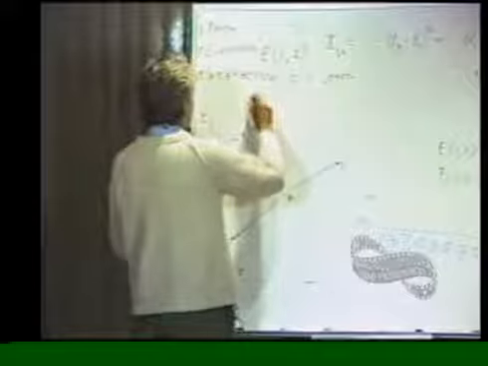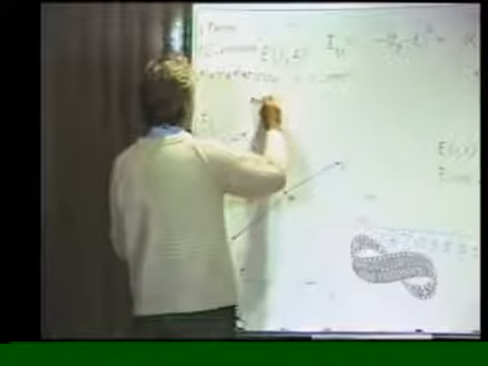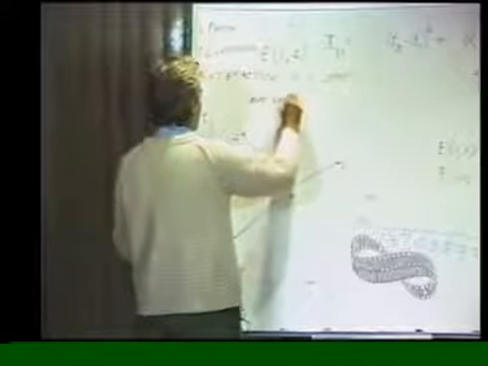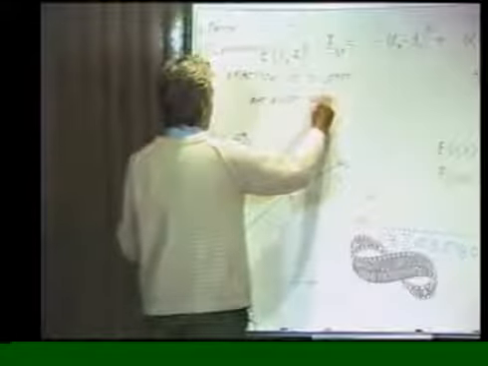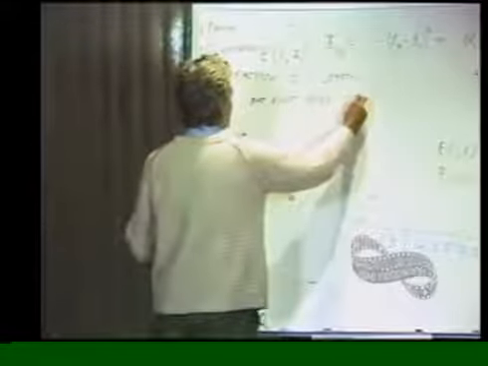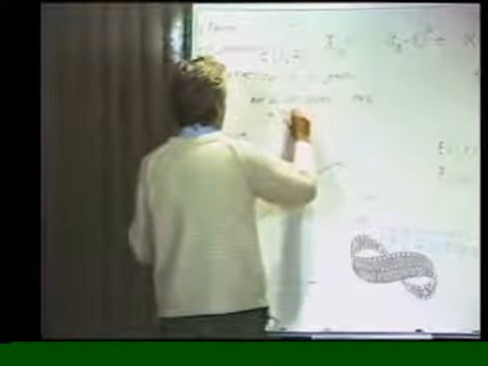Let's suppose I wanted to calculate the amplitude. Then an electron goes 1 to 3, 1 to 2, and the photon appears at 3.